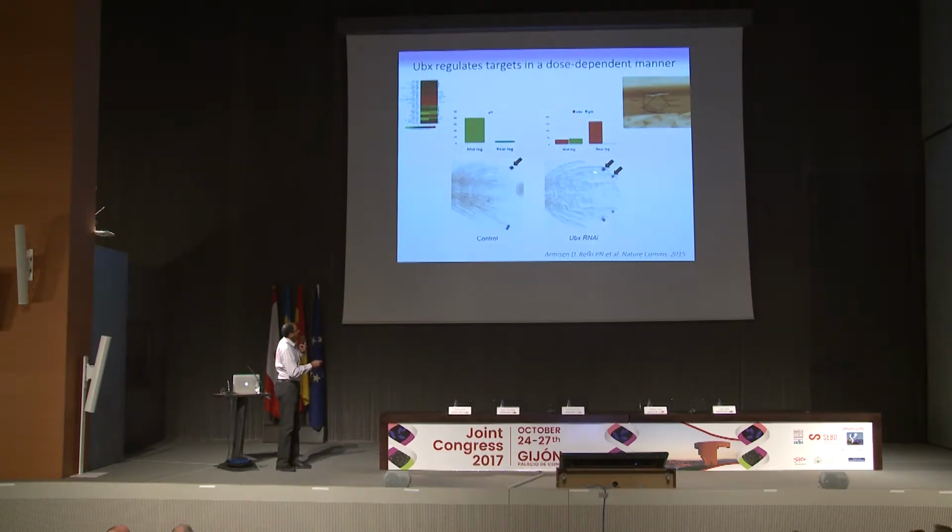Some of them will be suppressed, but only partially in the second leg and completely shut down in the third leg. And when we modulate these levels of UBX expression, we can modulate how much of these targets can be expressed. And this is one way how UBX, through its dose, can actually regulate how much the leg will grow.